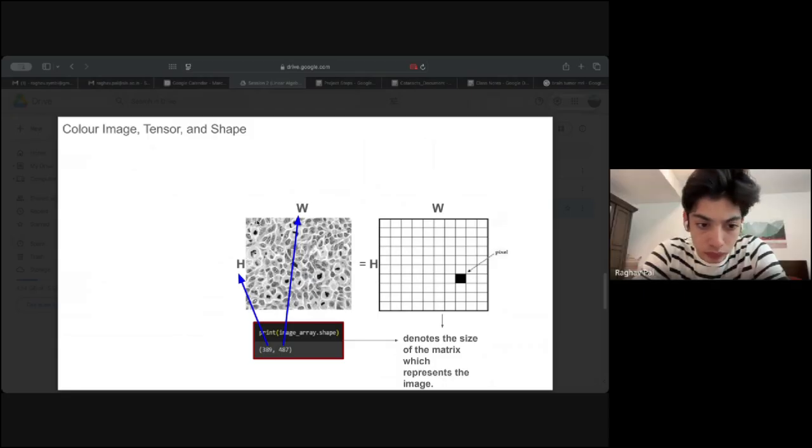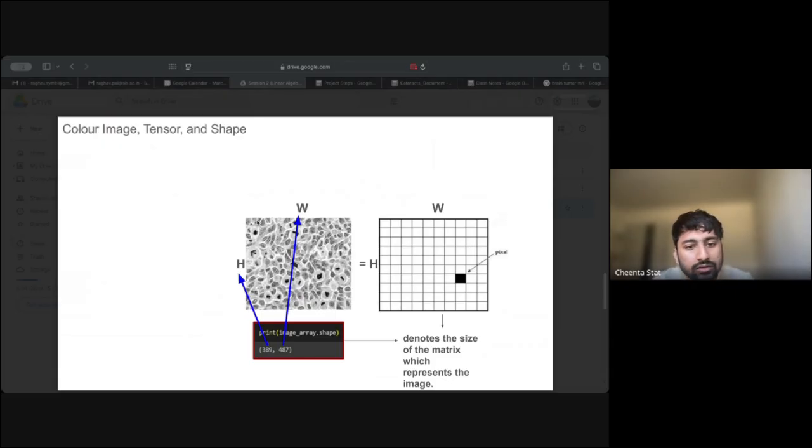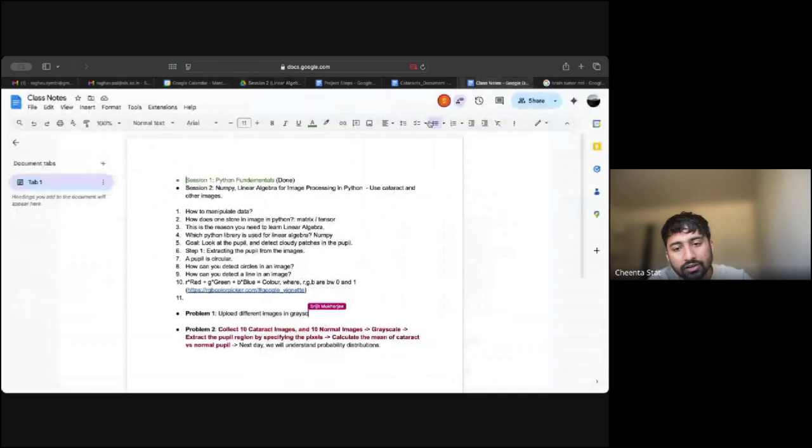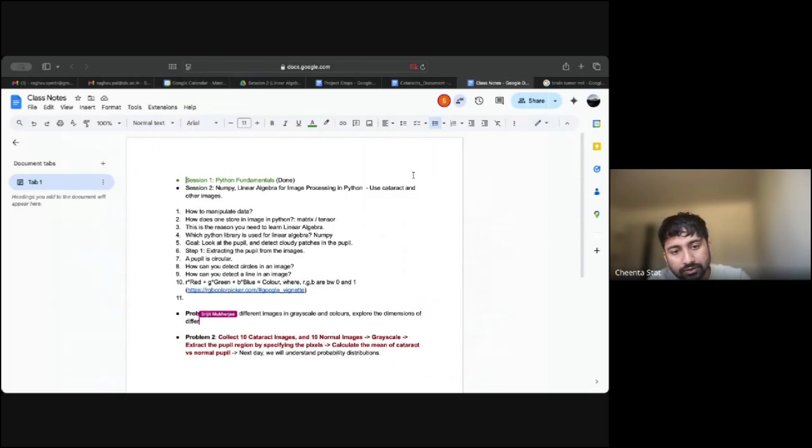So I would ask you to explore, upload different images in grayscale and colors and explore the dimensions of different images.